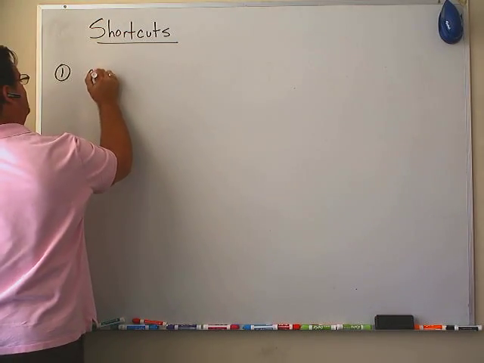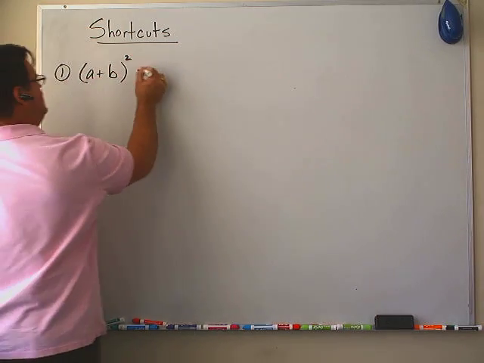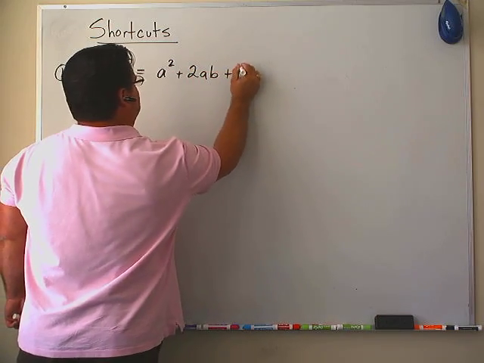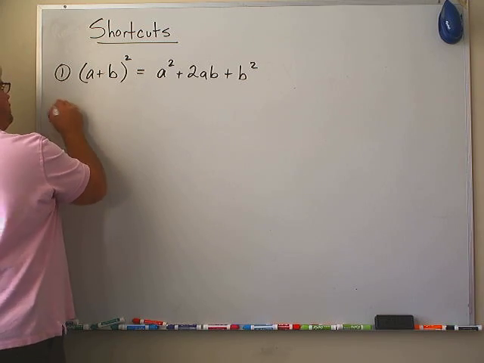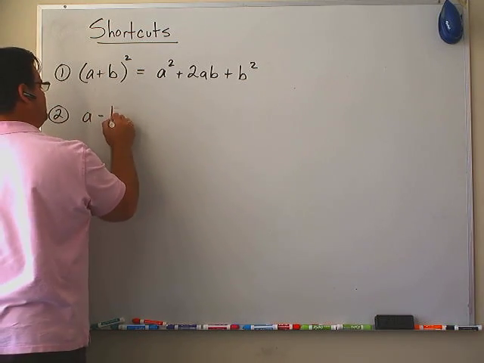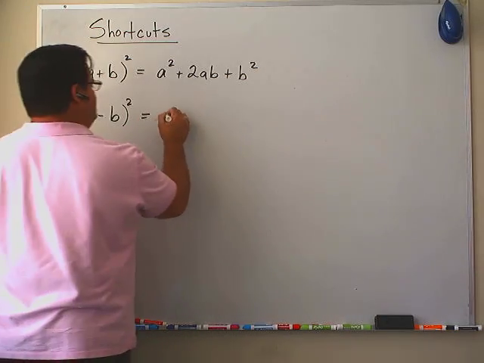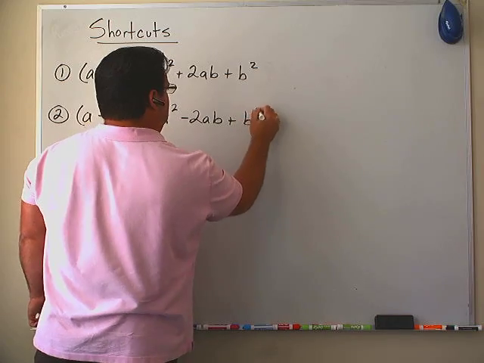The first one is a plus b quantity squared is equal to a squared plus 2ab plus b squared. The second one is a minus b quantity squared, and that's equal to a squared minus 2ab plus b squared.